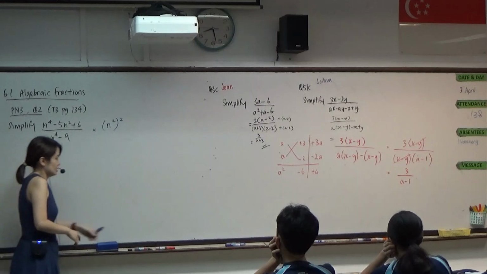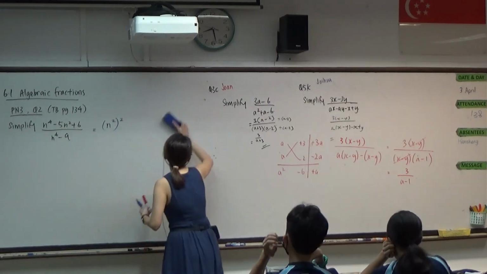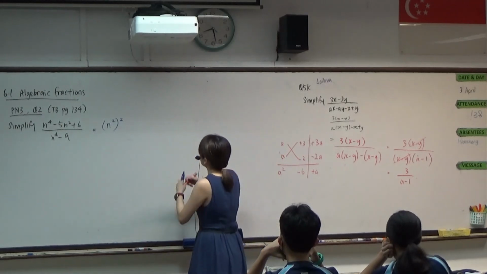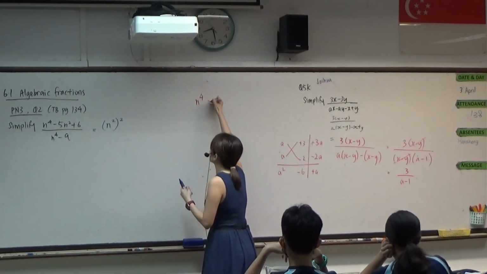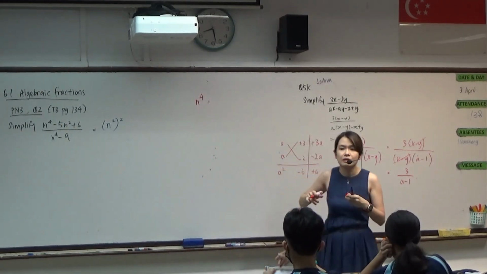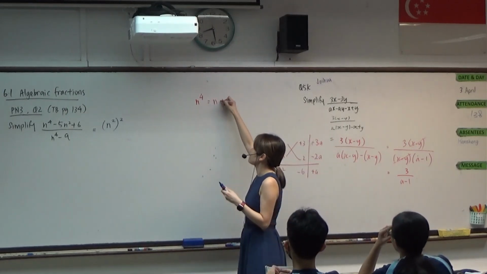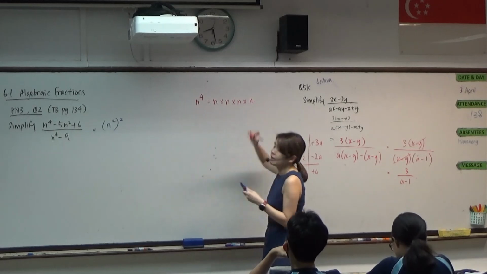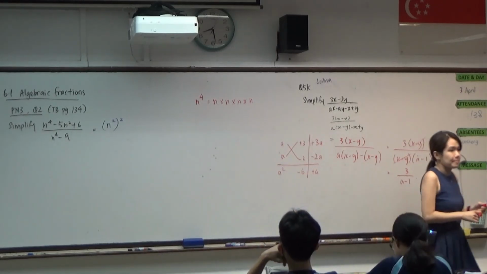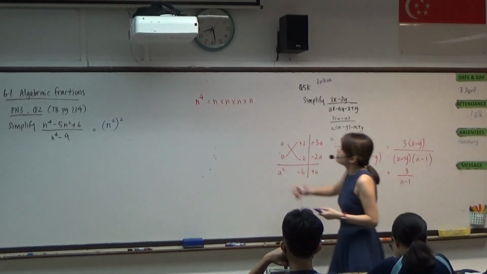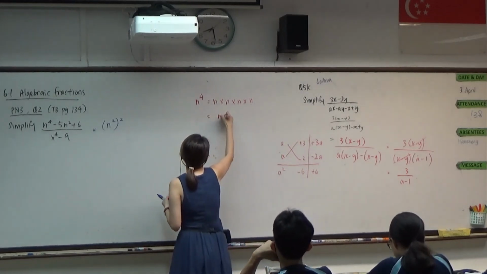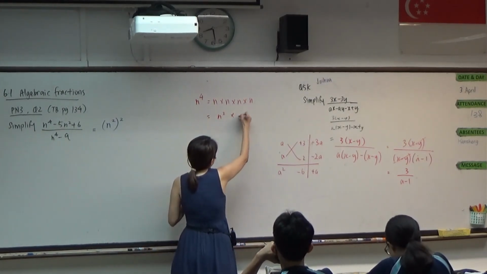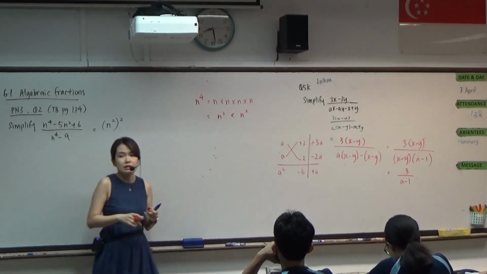Why? That's because, let me erase this. What is n to the power of 4? It is repeated multiplication of n, 4 times. N times n is n squared, and the other n times n over here is also n squared.